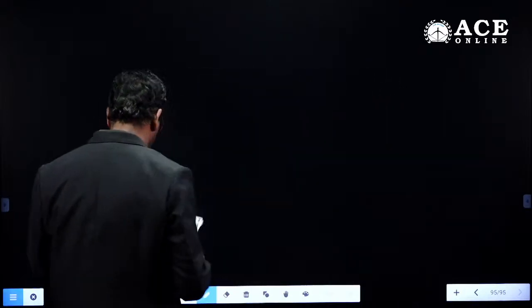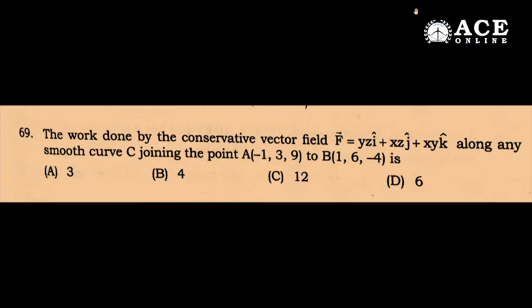Now coming to the next problem, problem number 69. Work done by the conservative vector field F bar.